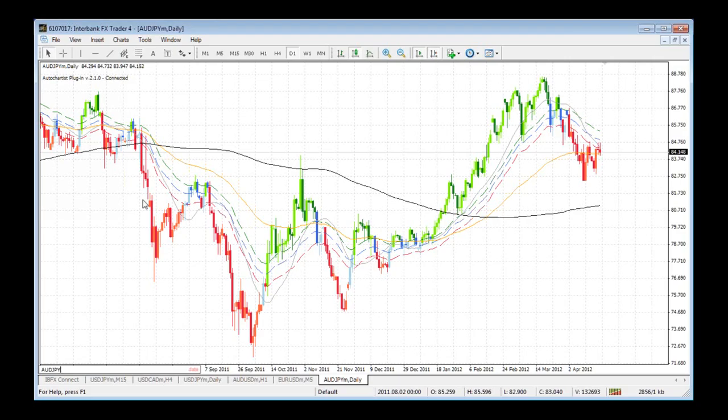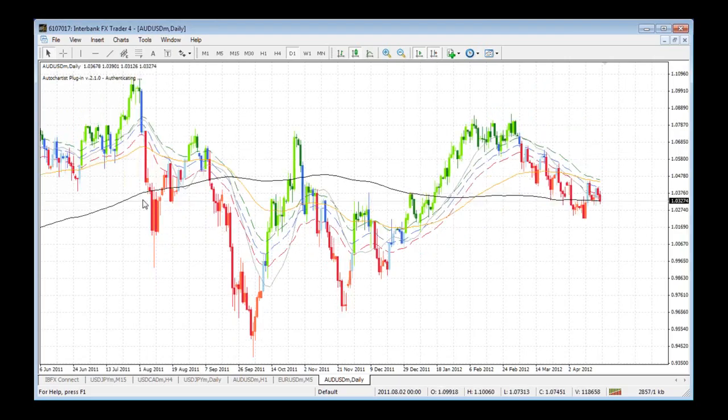Let's take a look at the Aussie US dollar. This is a pair that, for my expectations, the follow-through that I'm looking for, what I'd like to see here is continued pressure on that 200 period simple.